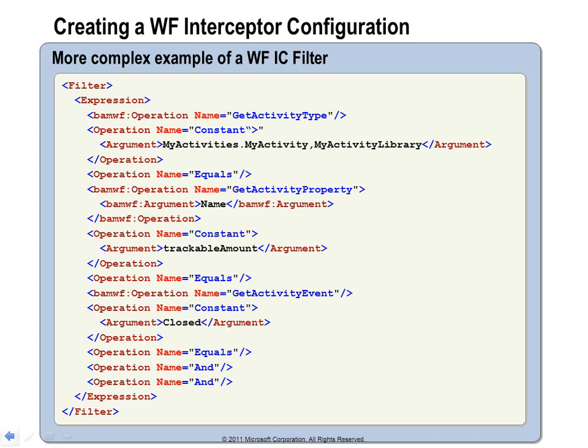So as you pull all these together with these different operations, you can see that we're saying we're looking for a particular activity with a type and name. So it's called trackable amount, and it is a my activity. And we want to track that, or we want to filter on when that gets closed, when that completes. And that then allows us to use this filter. We know when that particular activity instance has closed, and then we could go out and pull information out to do updates or correlation.